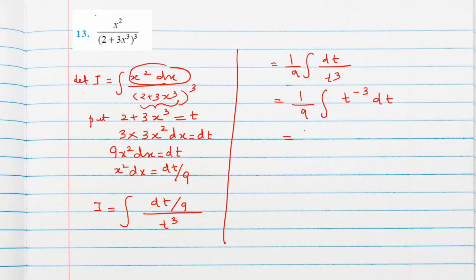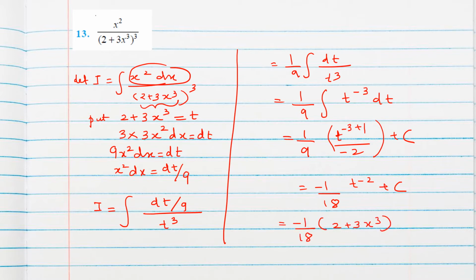Then the power rule we can apply. Add 1 in the power minus 3 plus 1, divided by the same power. So minus 1 by 18 we can write t to the power minus 2 plus c. Now resubstitute the value: t is 2 plus 3x cube, to the power minus 2, plus c.